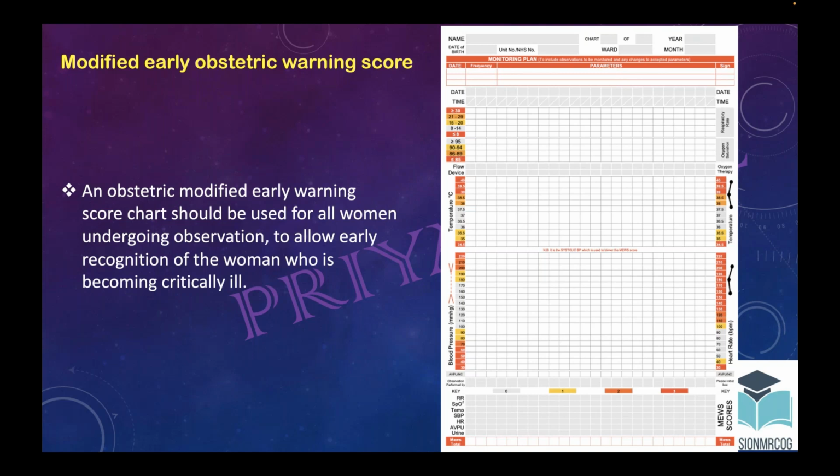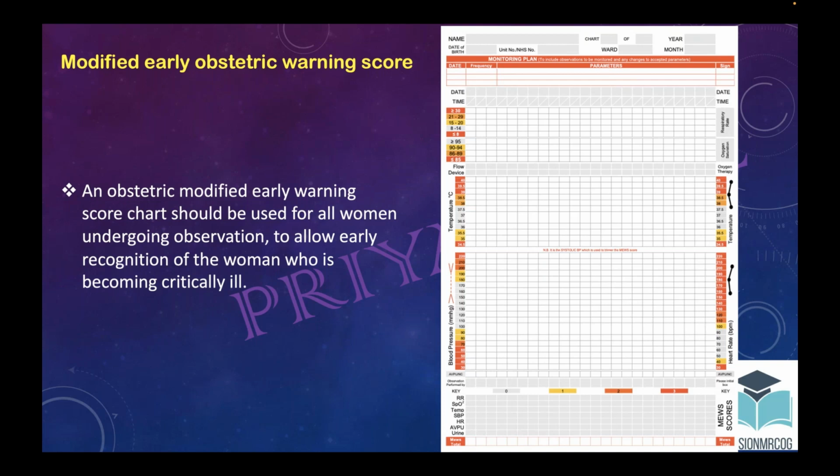And it is the same for obstetrics, but it is different because of the physiological changes that occur in pregnancy. Because of that, these ranges are different. When it is for obstetric patients, it is the MEOWS chart, but if it is for any other adult, then it is the NEOWS chart.